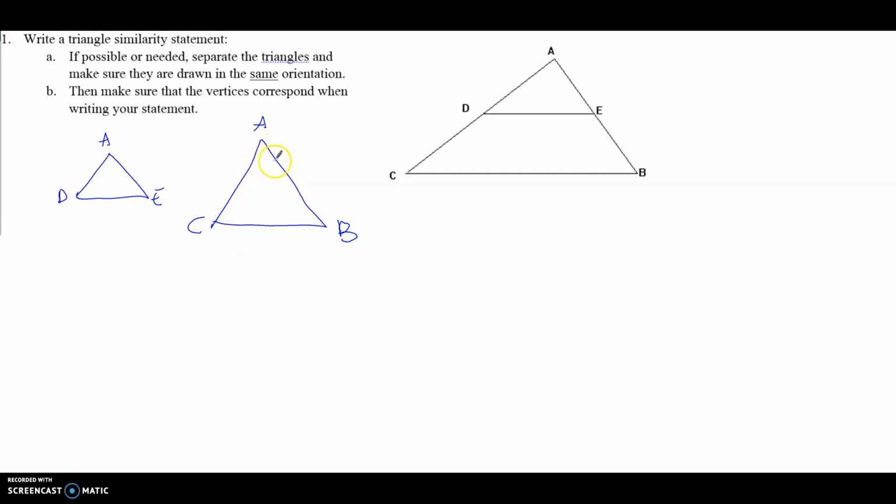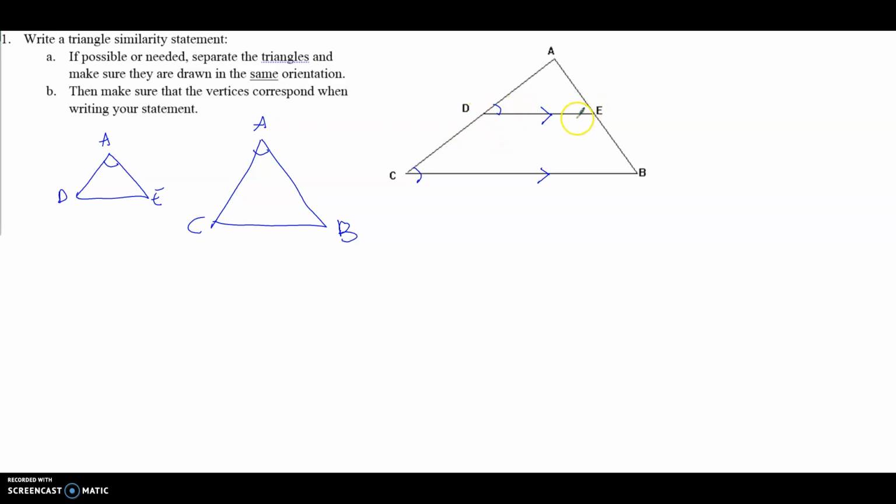All right. So here, notice that angle A is shared between the 2 triangles. And then we know that here, these 2 angles, and let's just assume that DE is a mid-segment. It actually doesn't have to be a mid-segment, but let's just assume it is.